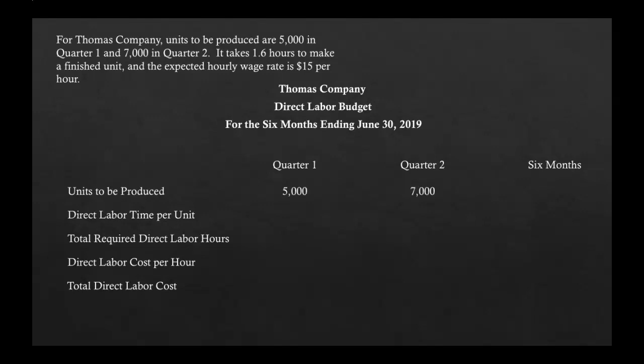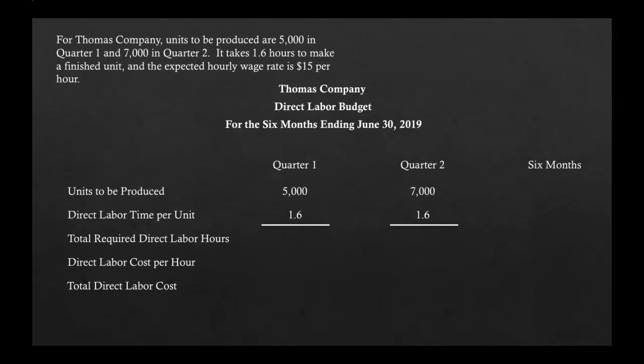Well, it tells us up in the problem that in quarter 1, we're producing 5,000 units, and in quarter 2, we're producing 7,000. Then, our direct labor time per unit tells us that it's going to take 1.6 hours to make a finished unit.